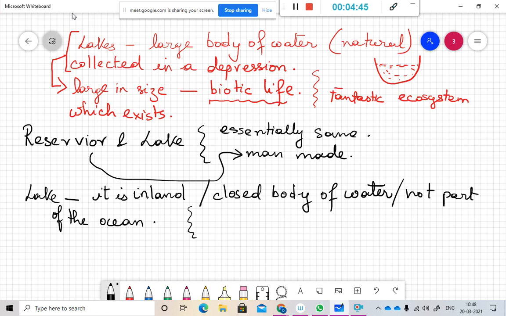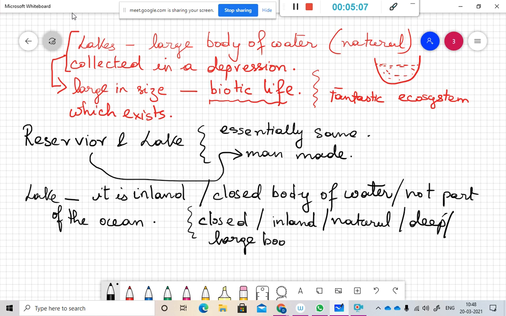They can be fresh water, they can be salt water, that is not important. They are basically closed, inland, natural, deep, large bodies of water with biotic life. So this is the definition of lakes.